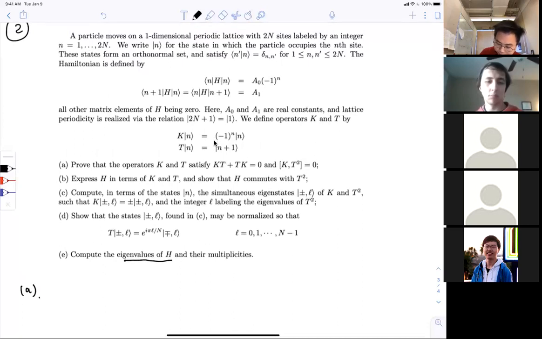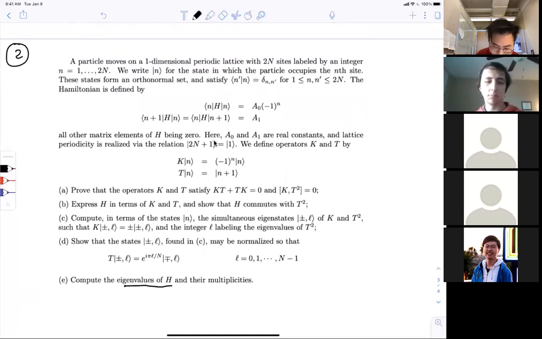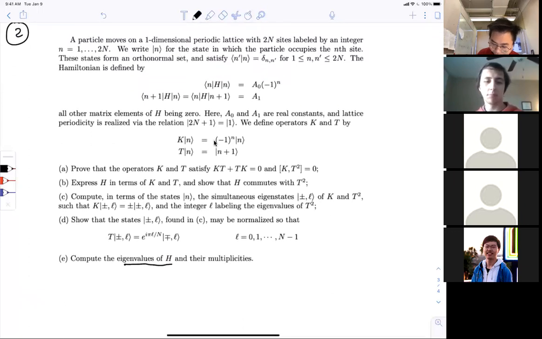First, let's get some intuition about this problem. What's going on here? Basically, the system has two sides, first side, second side.